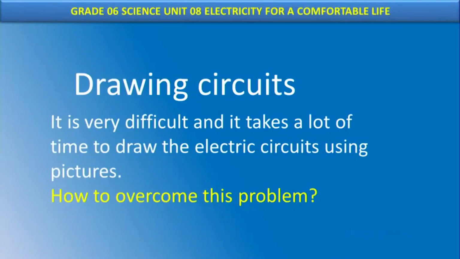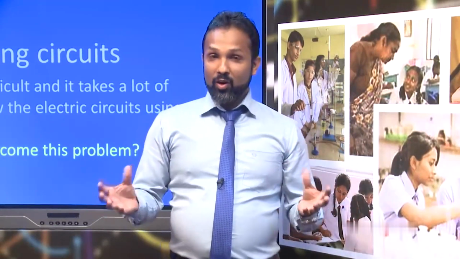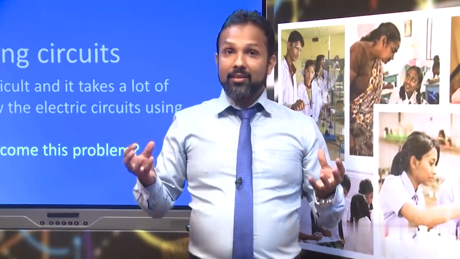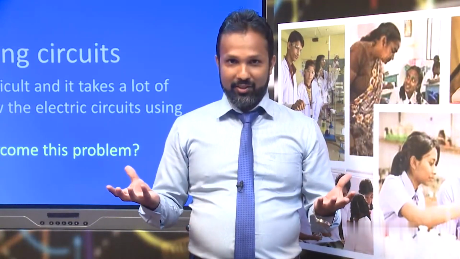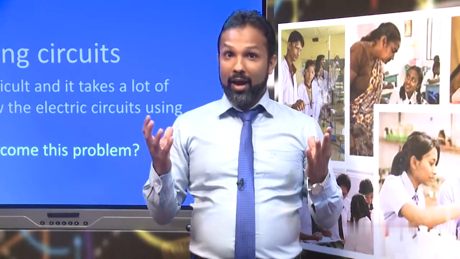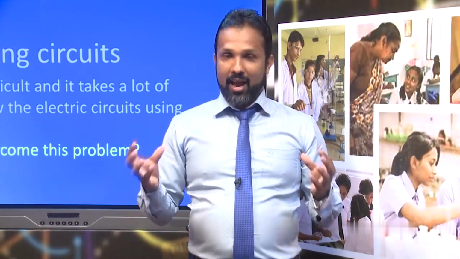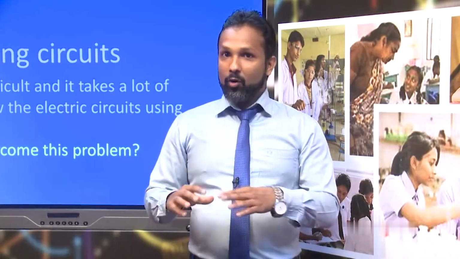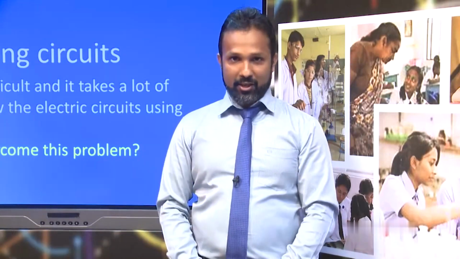Right, my dear children, today we studied how to prepare a circuit and what are the electrical accessories that we use in circuits. I am sure you have a good idea about these accessories and how to prepare a circuit. Now, I am going to focus your attention again on the previous circuit.